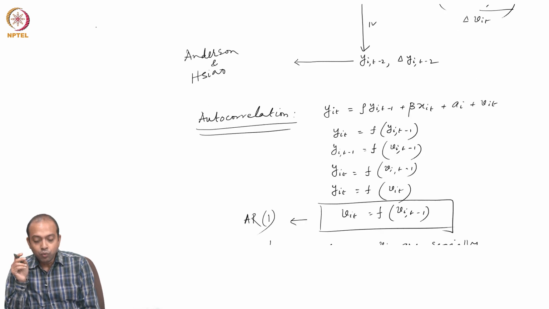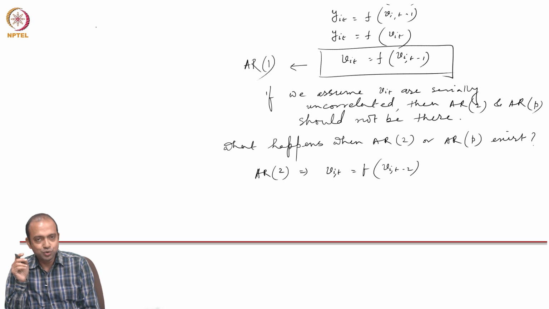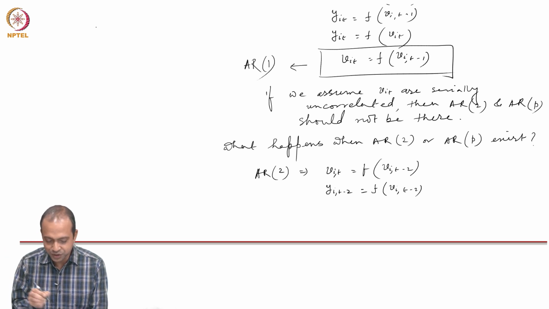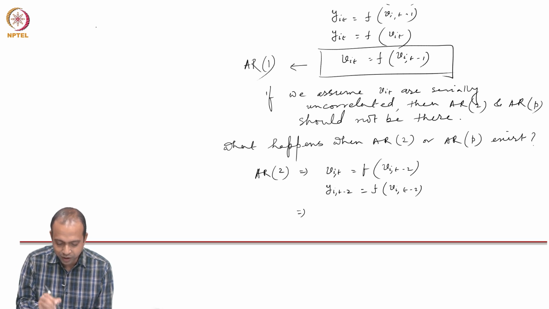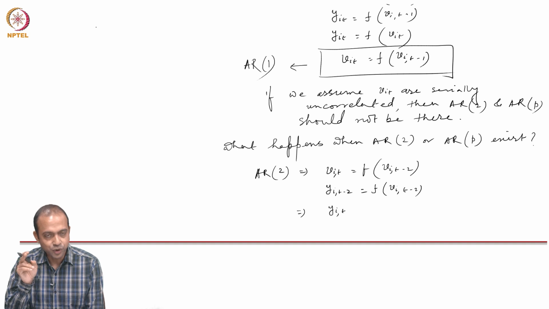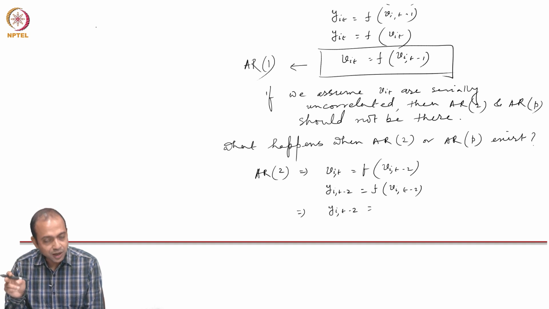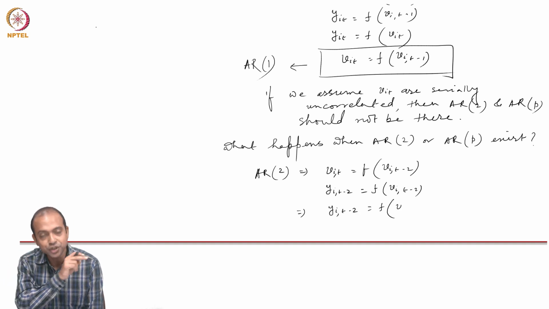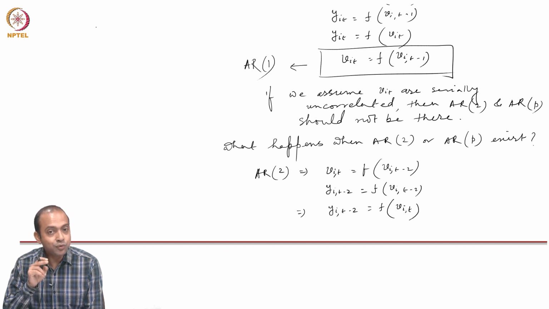So, Y_{i,t-2} can no longer be an instrument if there exists second or higher order autocorrelation. That is why when we estimate the dynamic panel data model, we must check whether AR1 is there and whether AR2 is not there. AR1 must be there because of the construction of the model.